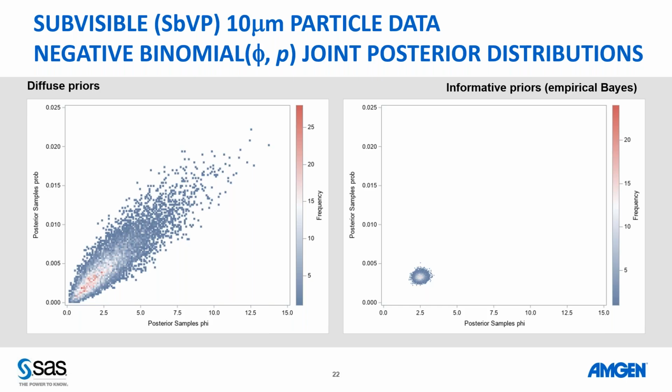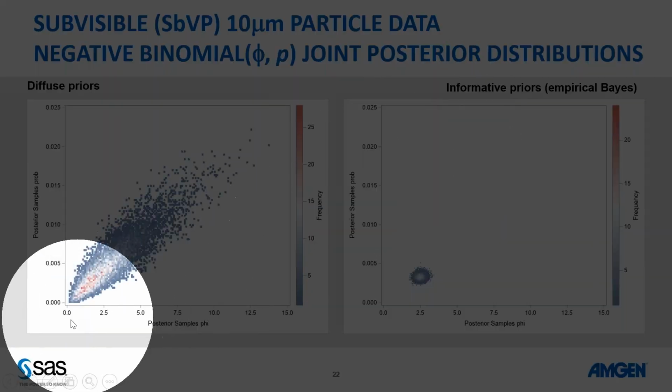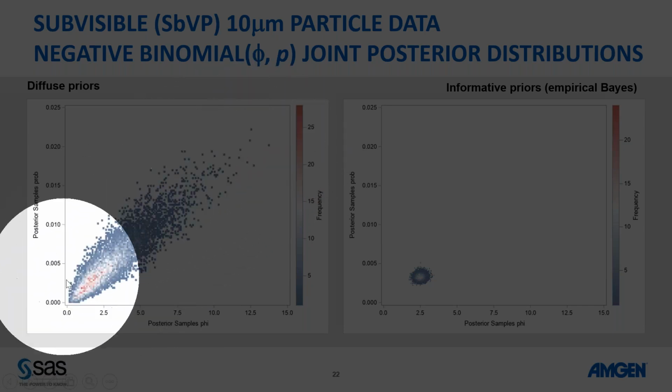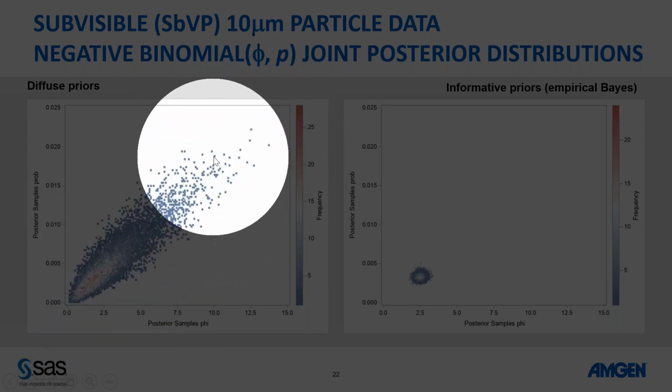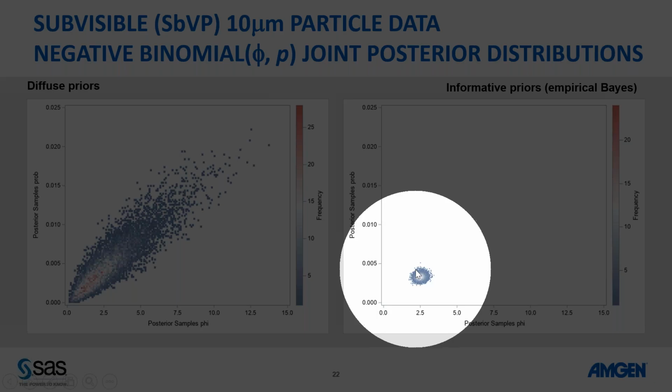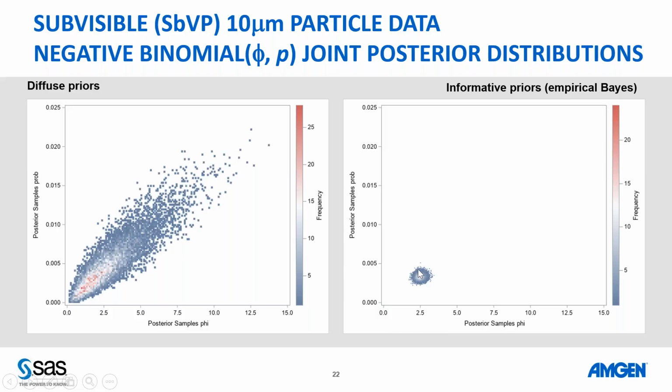And you can see, that's why it's called diffuse, because your knowledge is all over the place. Because there are only 4 data points, we do expect a much wider range of both phi and P. Now, when we go to the informative prior, what it does is concentrate that information.